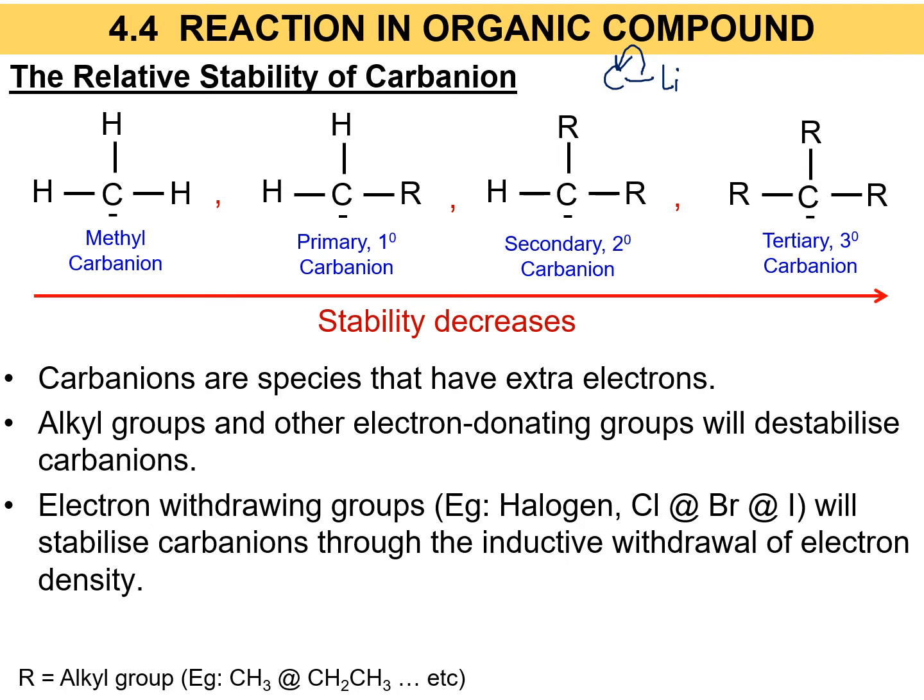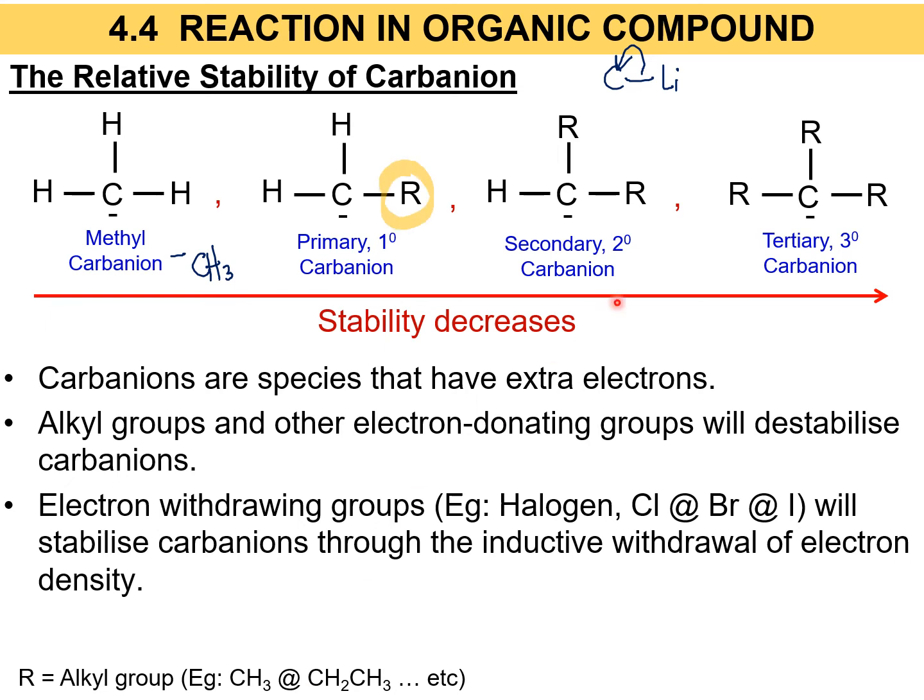Kalau I buat condensed structure for methyl carbanion, I will get CH3 with negative charge. This is methyl carbanion, okay. And the next class of carbanion ialah primary carbanion, di mana this carbanion dia attached with one alkyl group, okay.